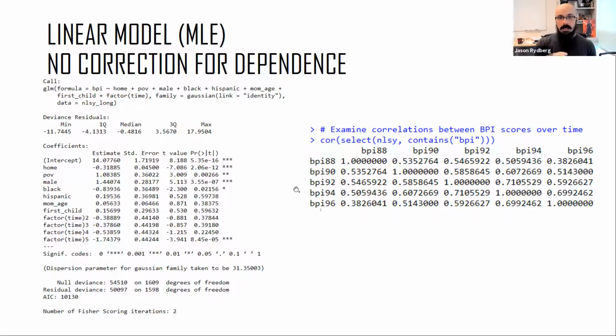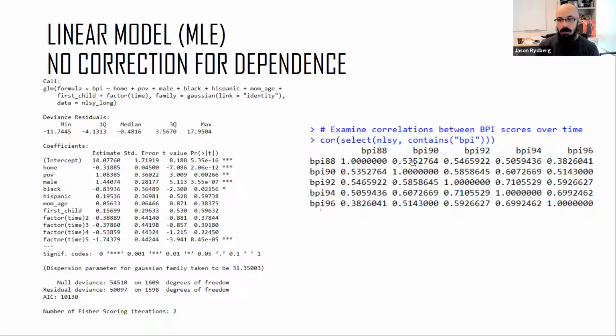First of all, in this model, there's no correction for the dependent structure. We have corrected for baseline changes in Y over time that affect everybody equally with these categorical variables, but we have not provided any correction for the dependent structure: how correlated are the values of the behavioral problem index at time 1, as it was measured in 1988, with time 2, with time 3, with time 4?